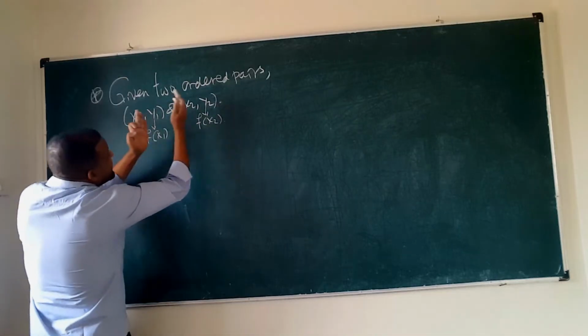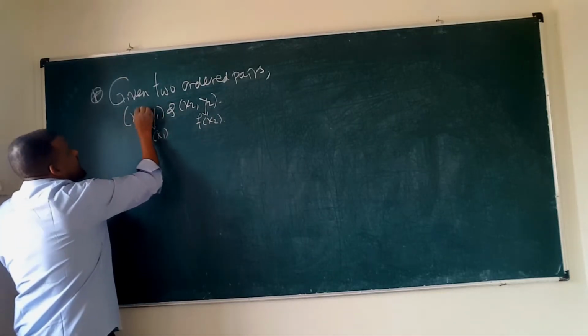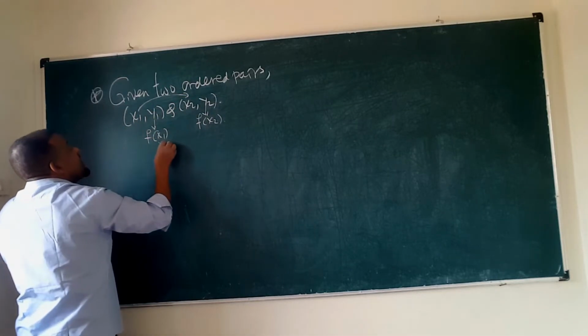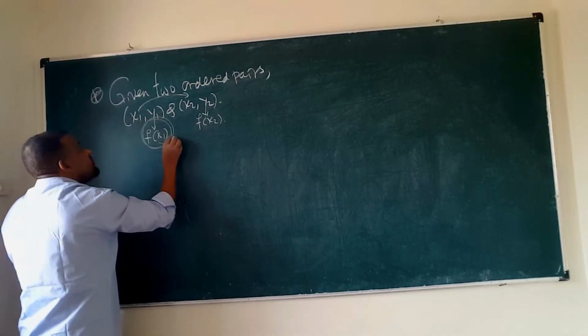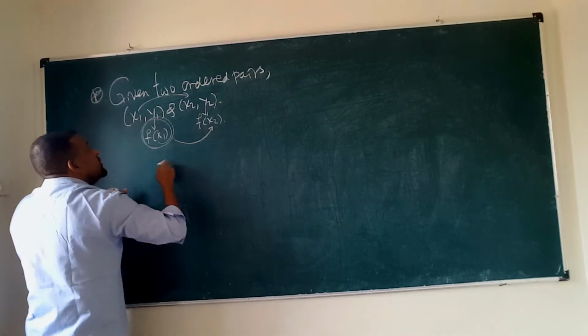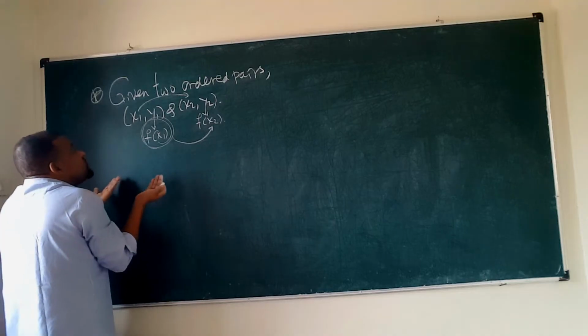So a change in functional value ማለት የx1 ወደ x2 ሲሄድ functional valueአችን ከf of x1 ወደ ሄደ ማለት ወደ f of x2. So this change of ordered pair.